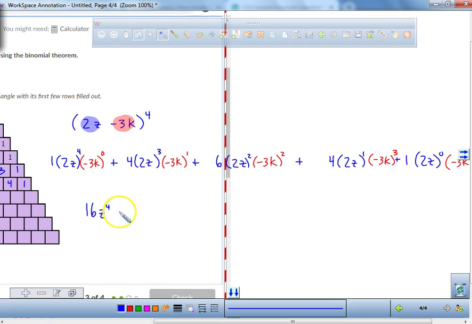Then we're going to put a minus sign, and the reason is there's definitely one negative in there. 2 times 2 times 2 is 8. 8 times 4 is 32. And 32 times negative 3 is negative 96?